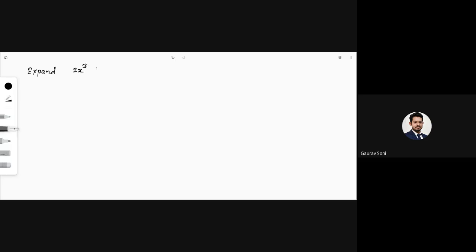So expand 2x cube plus 7x square plus x minus 6 in powers of x minus 2. What is given? F of x is equal to 2x cube plus 7x square plus x minus 6.